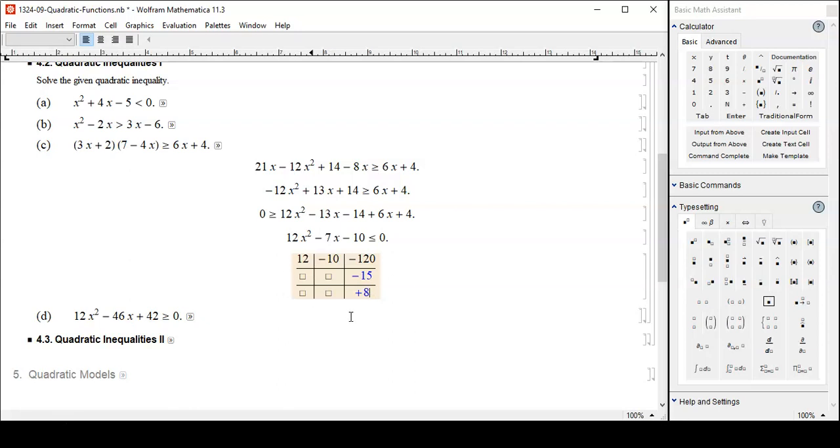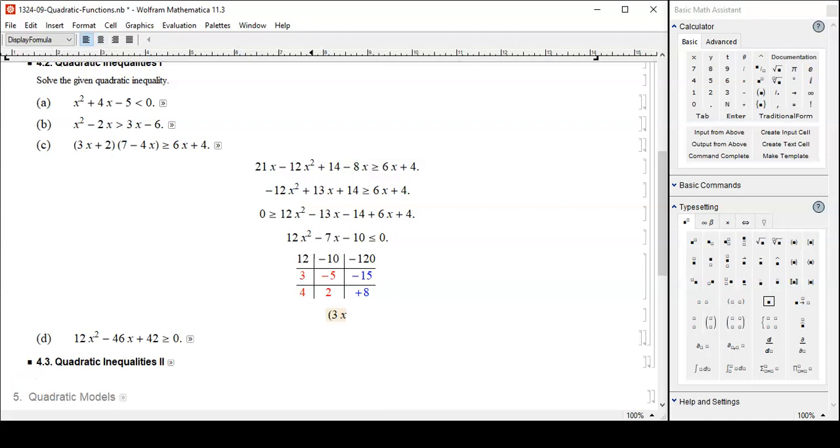Okay, and then let's fill everything up. So let's see, this should be 3 times 5, 3 times negative 5, and then this should be 4 times 2. Does everything look good? And then cross multiply, 3x plus 2, 4x minus 5 is less than or equal to 0. So what do we get?